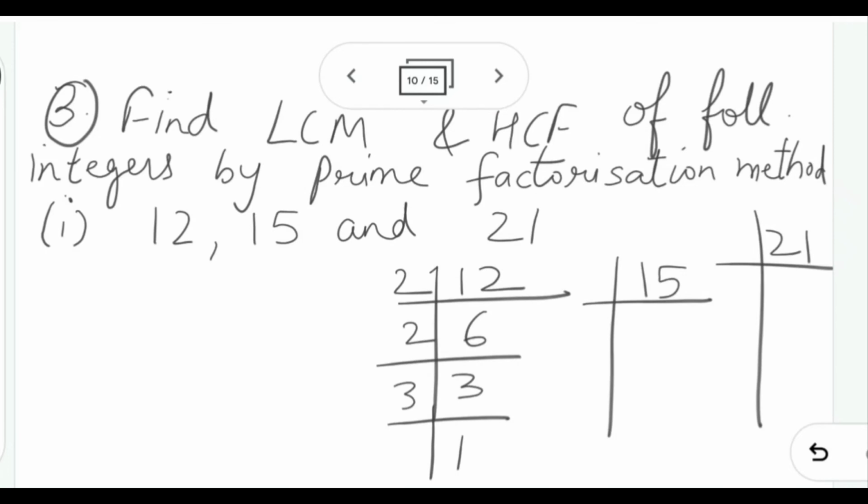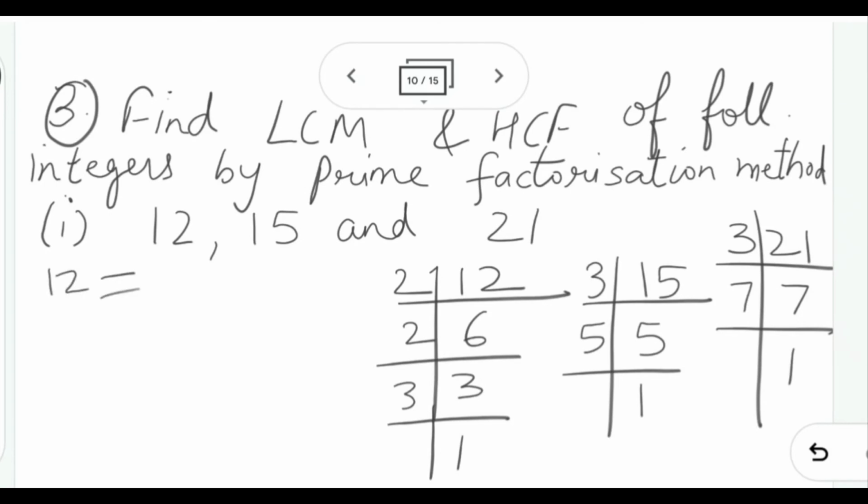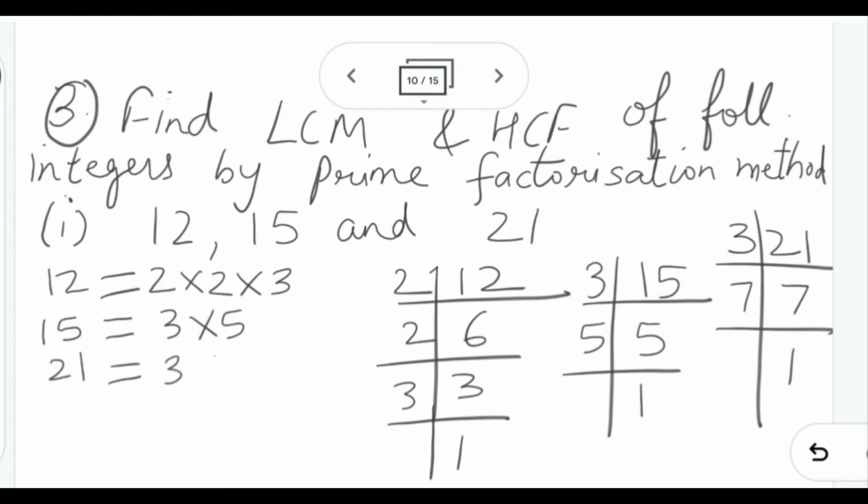Similarly, we can find prime factorization of 15. It appears on 3's table, so 3 5s are 15, and 21, it will come on 3's table, 3 7s are 21. We can write their prime factors like this: 2 into 2 into 3. For 15 we can write 3 into 5, and for 21 we can write 3 into 7.